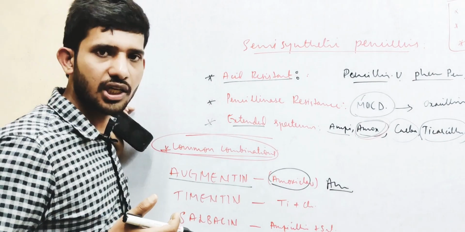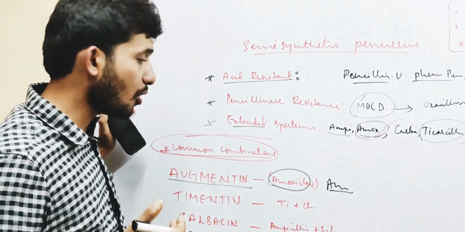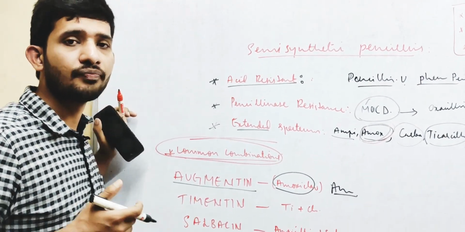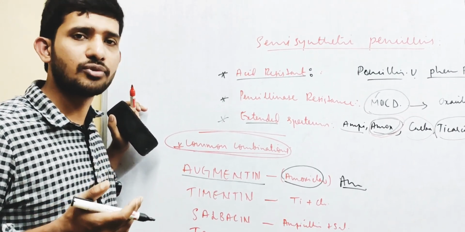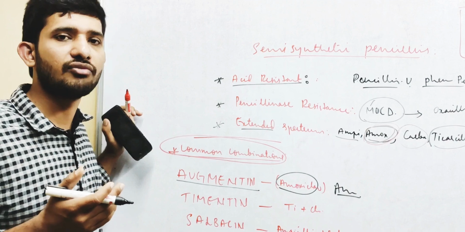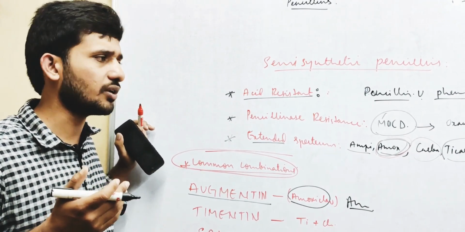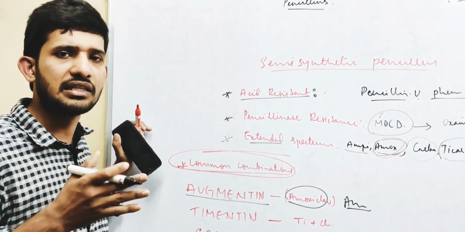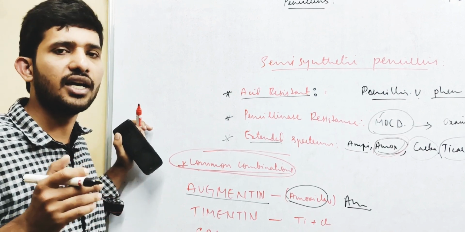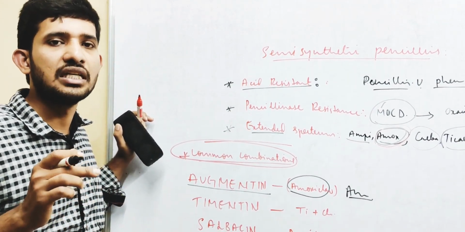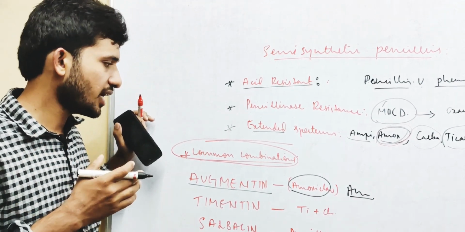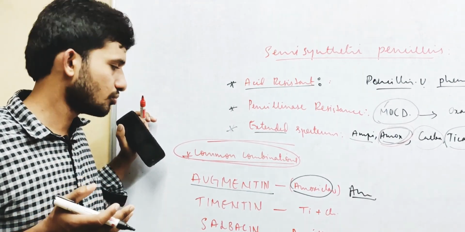So we have Augmentin, we have amoxiclav as IV form, and oral capsules are also available in 625 mg, 500 mg amoxicillin and 125 mg as clavulanic acid. So total 625 mg are available as oral capsules, okay?